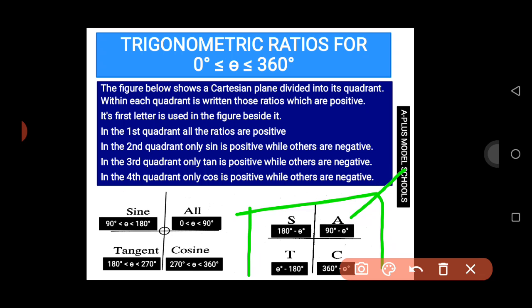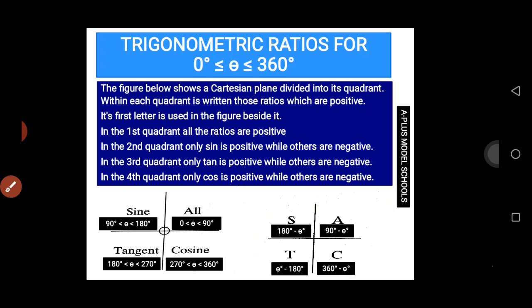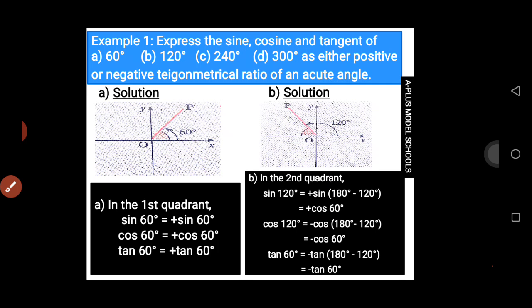But in the second quadrant, your angles are greater than 90 degrees, which is an obtuse angle. If you want to reduce it to an acute angle, the formula is already given there, which is 180 degrees minus theta. That's exactly what I will now use to answer question B, because I have an obtuse angle, which is 120 degrees.